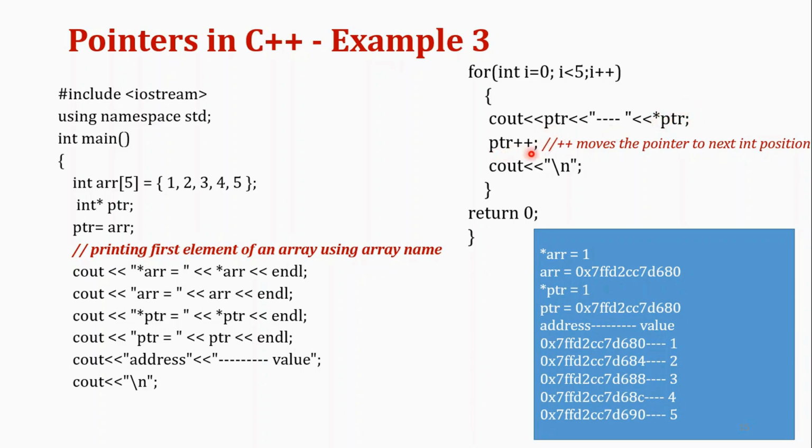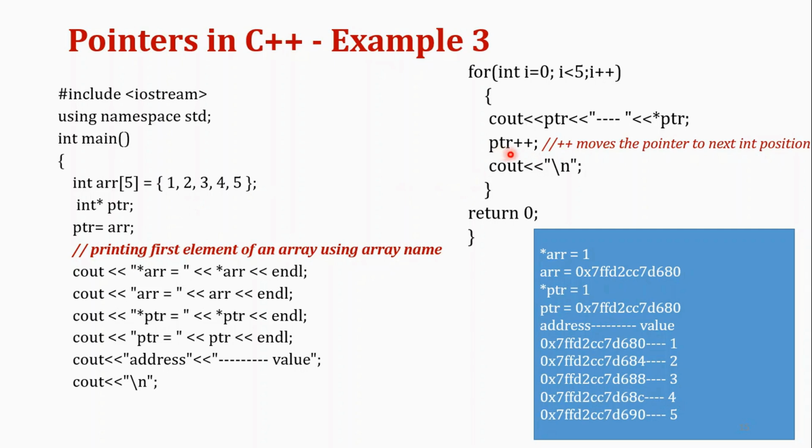PTR plus plus is going to increment the pointer to the next location, or increment the address to the next location. Here an integer occupies 2 bytes of memory, so PTR plus plus will increment PTR by 2 bytes. Automatically it shifts from location 1 to location 2. If you increment a normal integer, it increments by 1 by default.